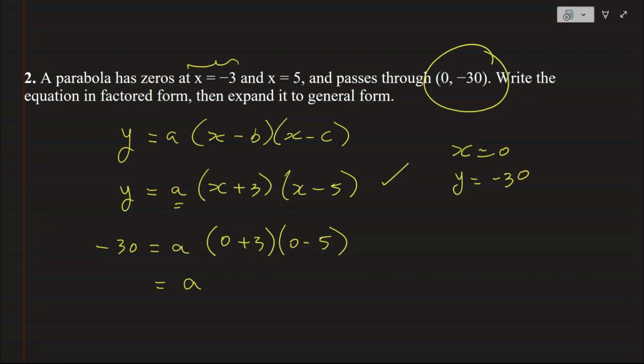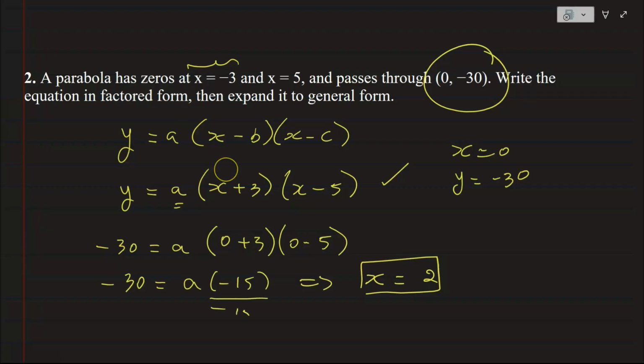And then let's do the math. This becomes a times -15 equals -30, and a equals 2. That is negative 30 divided by negative 15. You divide both sides by negative 15, right? By the way, you can say also negative 15a, but the way I've written it, I just wanted to follow the same organization. So a is equal to 2.